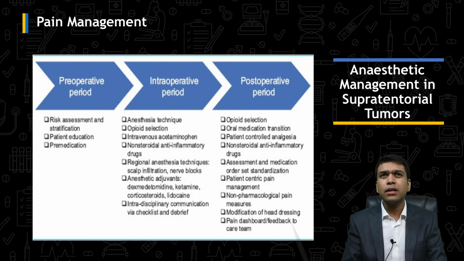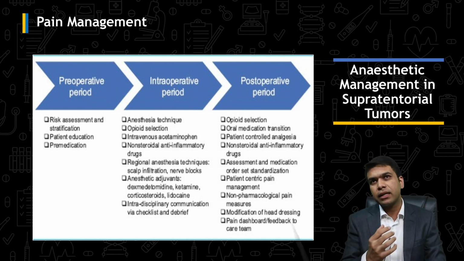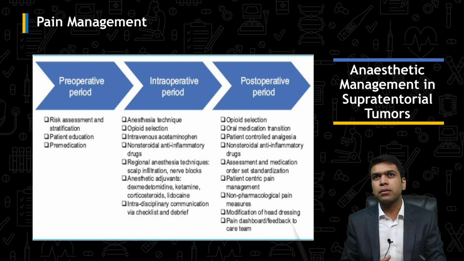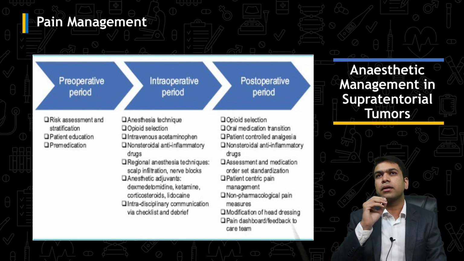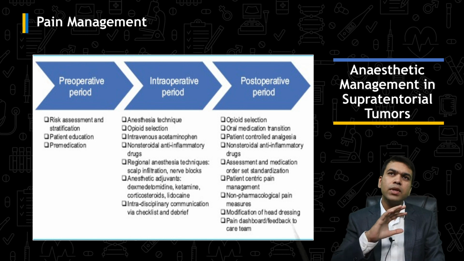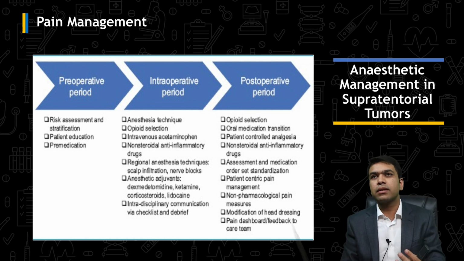Preoperatively, you can administer drugs like gabapentin tablets. They will cut down the requirement of analgesics in the intra and postoperative period. Intraoperatively, you can use paracetamol. Paracetamol cannot be a sole agent, but it will be part of a multimodal program. As I told, NSAIDs cannot be used.